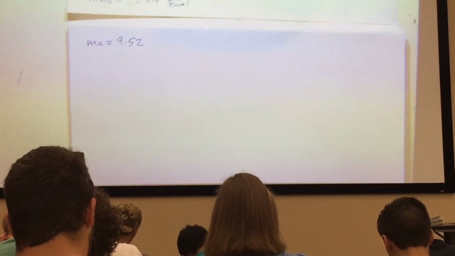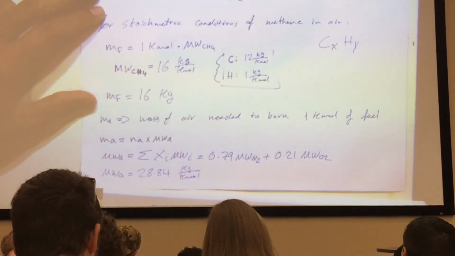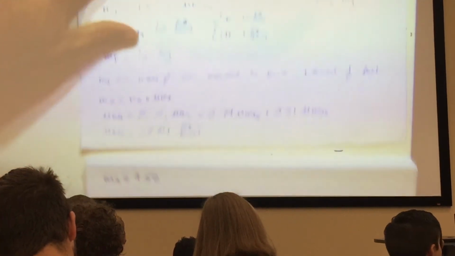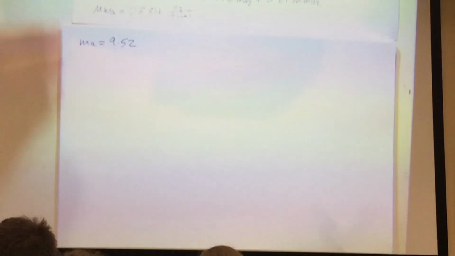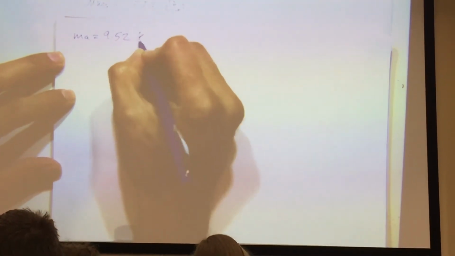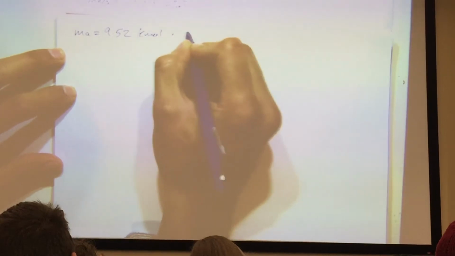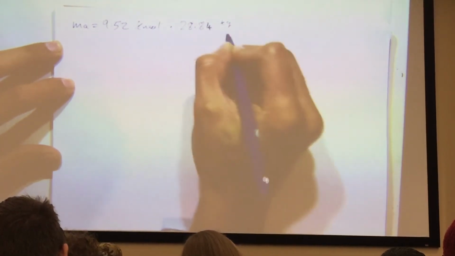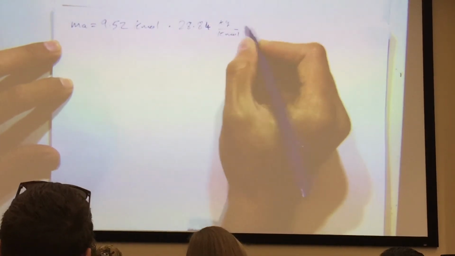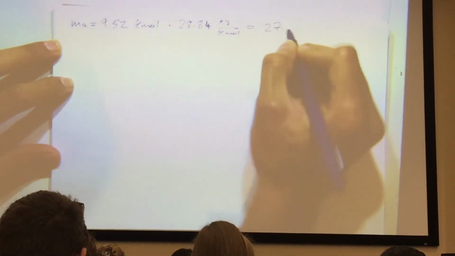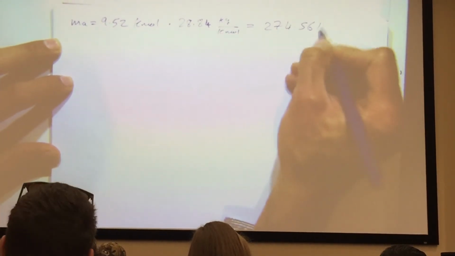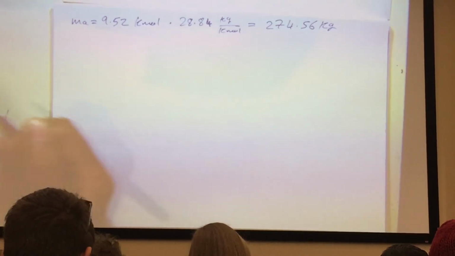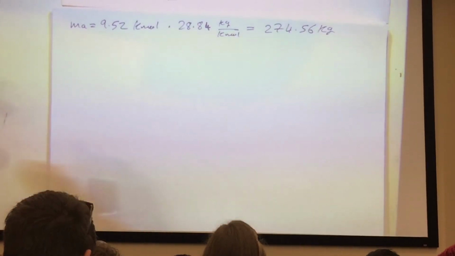I can show it to you right here, the one that we computed, which is our original. 9.52 kilomoles multiplied by 28.84 kilograms per kilomole. And from that, what do I get? I get 274.56 kilograms.